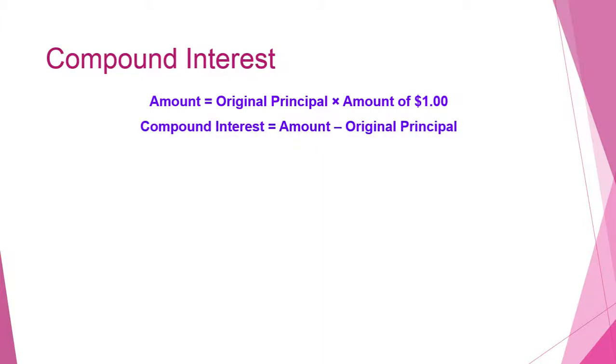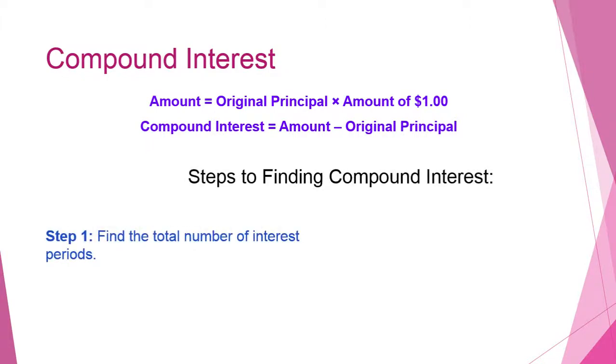Alright, and compound interest, if we're given the amount, we can subtract the original principal from the amount to get the compound interest. So here are the steps, and again, these are only for the tables. Step 1 is to find the total number of interest periods. Step 2 is find the interest rate per period.